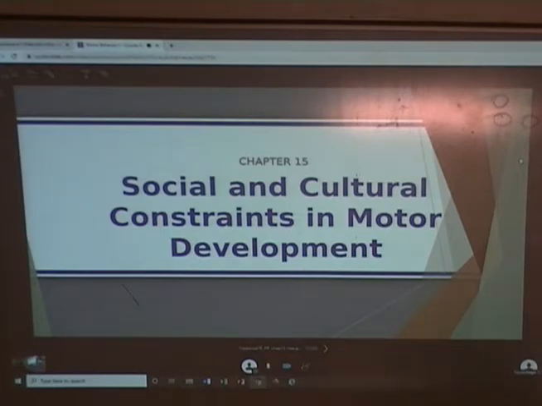But it's something that we maybe typically would not consider that can dramatically impact the types of movement skills that people learn, right?